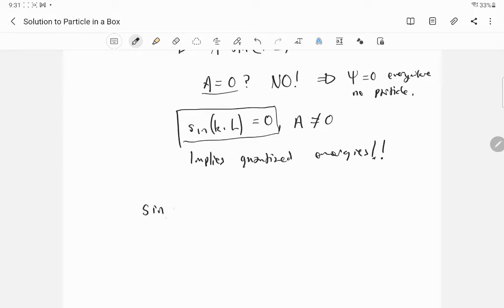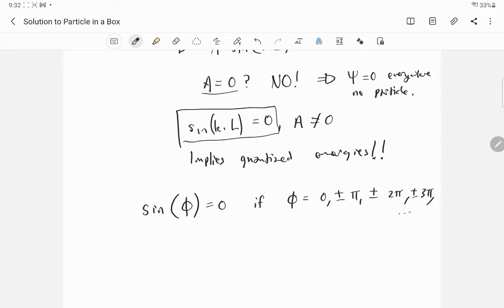So the sine of any angle, right? The arguments of sines and cosines and tangents, really they're meant to be angles. They're not just pure numbers, but they're sort of implied angles. So this is equal to 0 if phi is equal to 0, plus or minus pi, plus or minus 2 pi, plus or minus 3 pi, right?